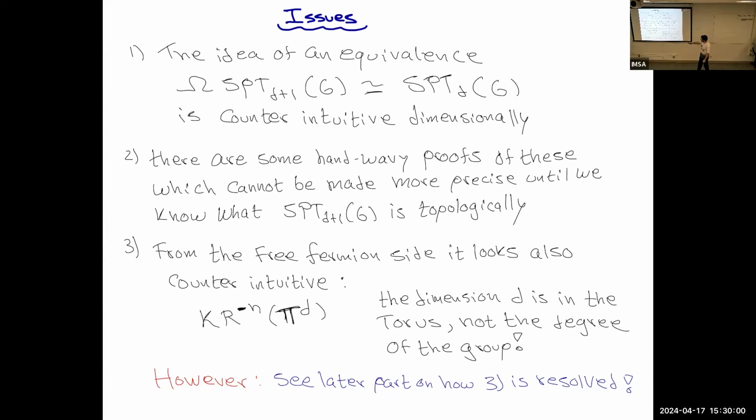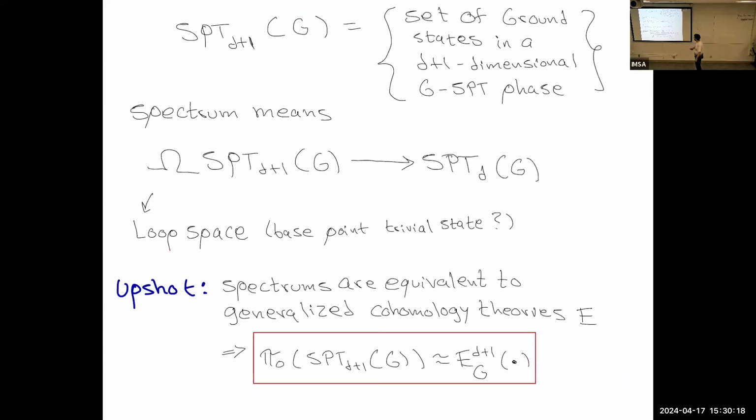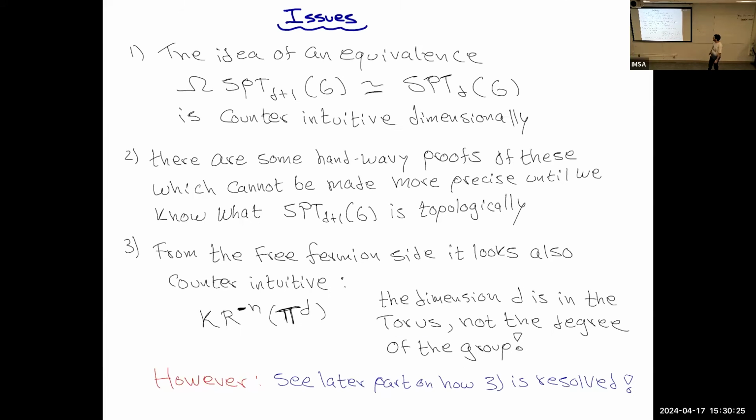So for free fermion phases, usually you have a KR group, and for the Brillouin zone, and the dimension appears right in the space and not in the degree. Okay, so that would seem to be like, okay, what's going on here? Because over here the dimension appeared in the degree of your group. Okay, but we will see how this is resolved.